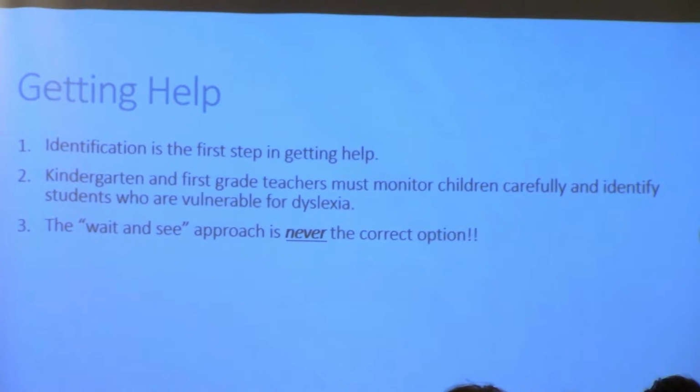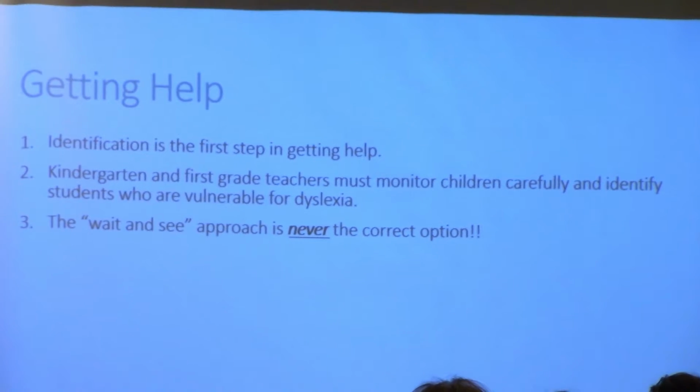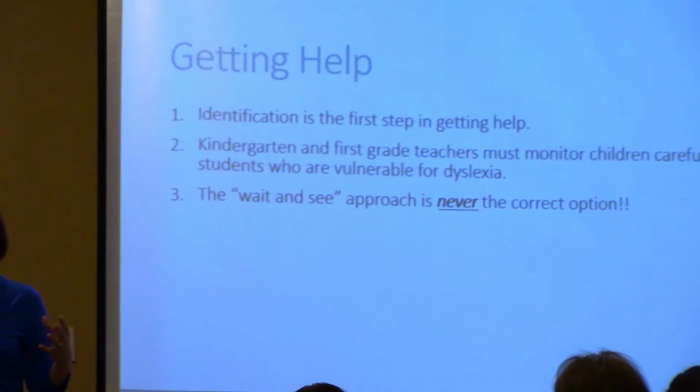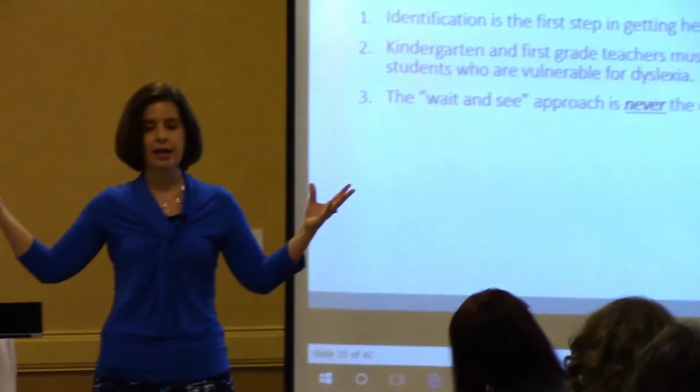I ran across a school, I think it's in England actually, and they actually teach their kindergarten classes as if every student might possibly have dyslexia. So they do a lot of multi-sensory approach. They use a lot of strategies that are effective with dyslexic students with all of their students. It helps the other students too. They're not harmed by it. But that way we're helping those students who are maybe vulnerable for dyslexia.